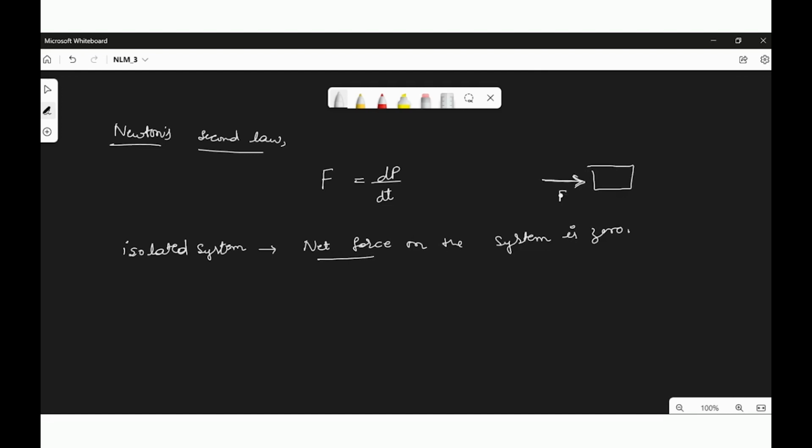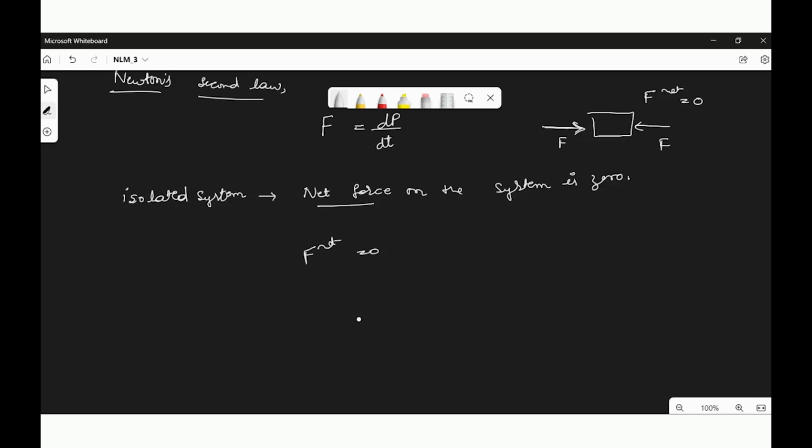You apply a force in this direction, and I apply some force equal and opposite to it. So the net force is 0. Or maybe no force is acting; that is also a trivial case. But net force being 0 doesn't mean there are no forces at all. It means that there are forces, but they are balanced. So if F net equals 0, and more precisely, I'm talking about external force, now what you will get is dP by dt equals 0, right?